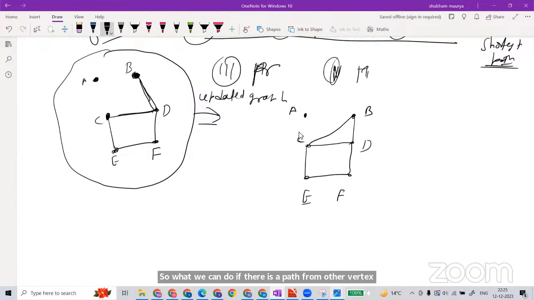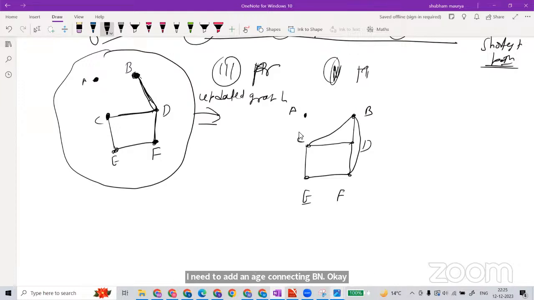Now check for others. F is a vertex here, and there is a path to reach vertex F from B, this and then this. So the update I am doing is adding an edge connecting B and F.